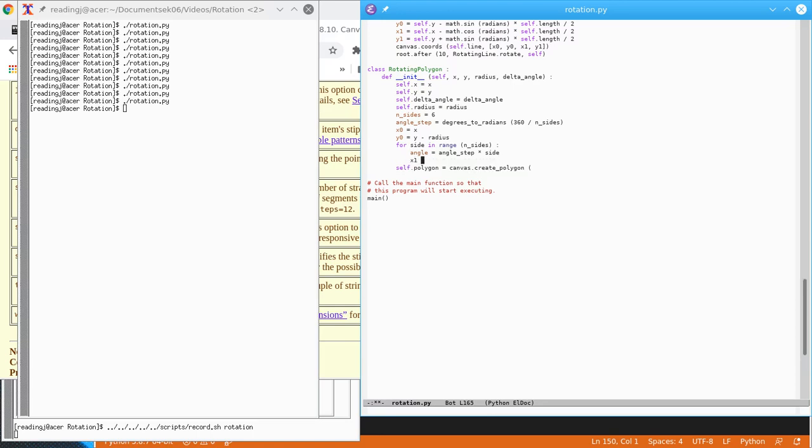So x1 equals radius times math.cos(angle). So not too surprisingly, y1 equals radius times math.sin(angle).